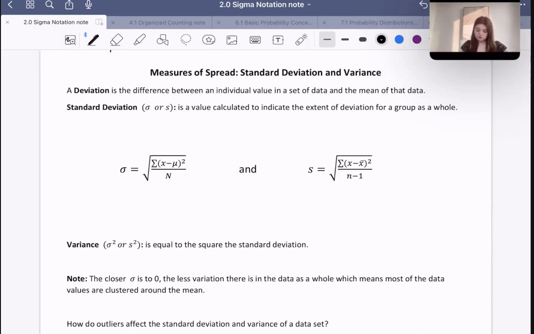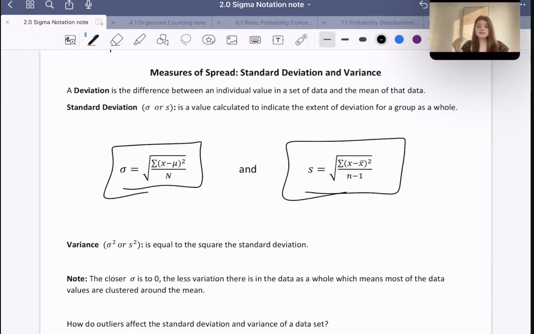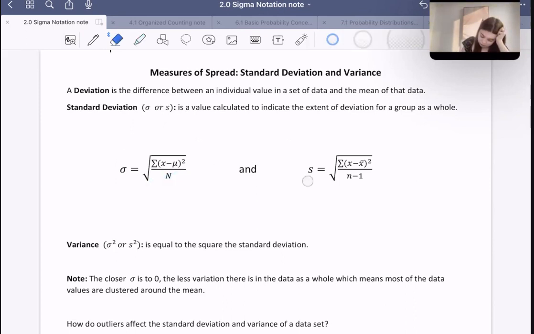So in terms of these two here, they're almost the same thing. The only difference, other than the n minus 1 here, which we'll talk about in a bit, is that this is the population, the overall standard deviation.